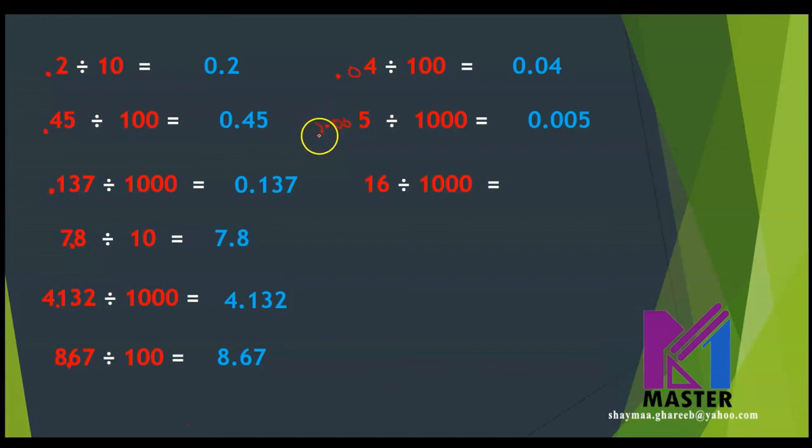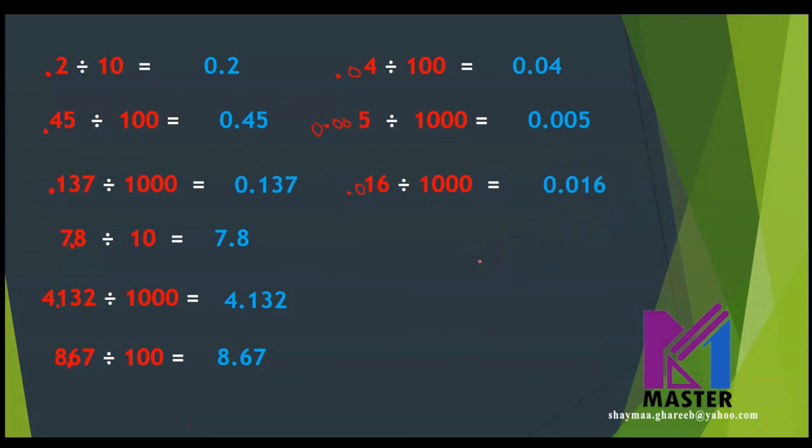So it will be 0.005. 16 divided by 1000, I have 2 digits and I need 1 digit more to put the decimal point after 3 places. So 1, 2, 3, then the decimal point. So the answer will be 0.016.